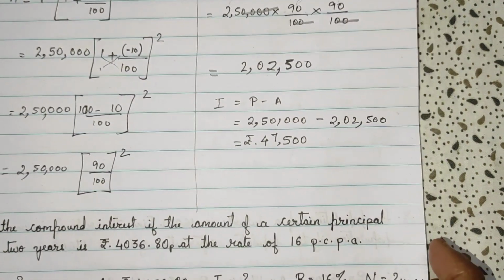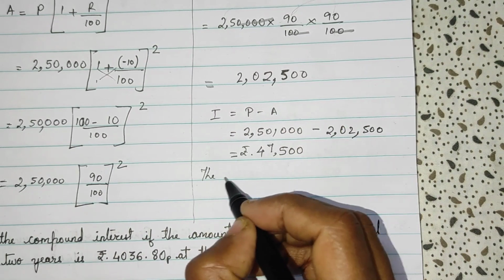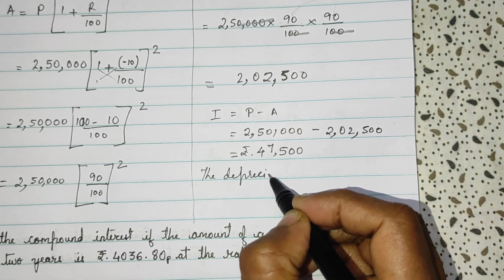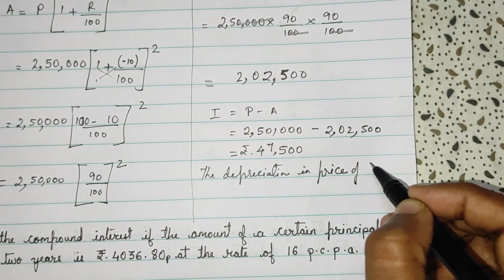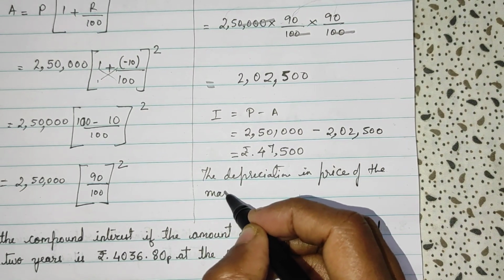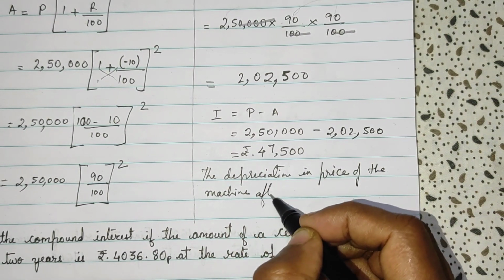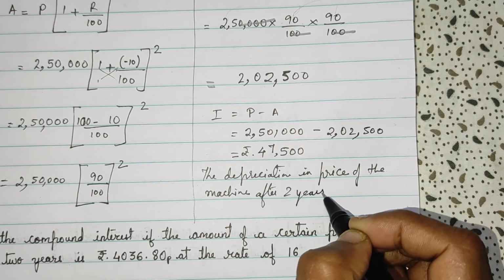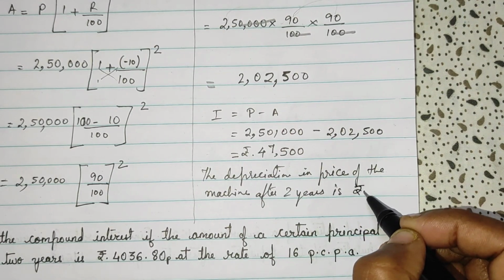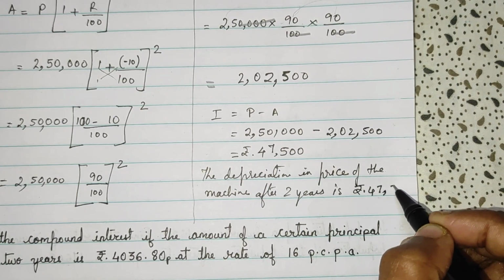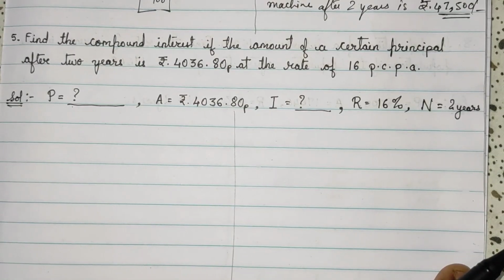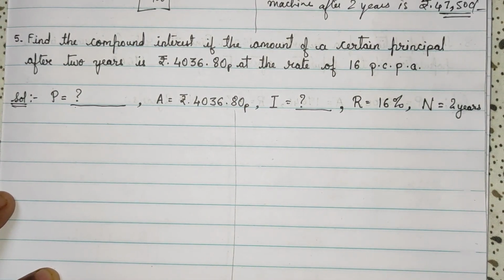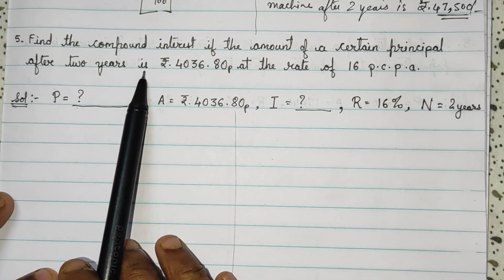So that means the depreciation in price of the machine after 2 years is rupees 47,500.